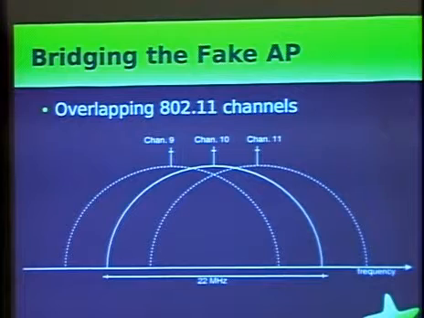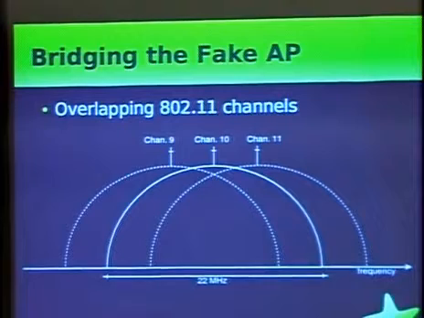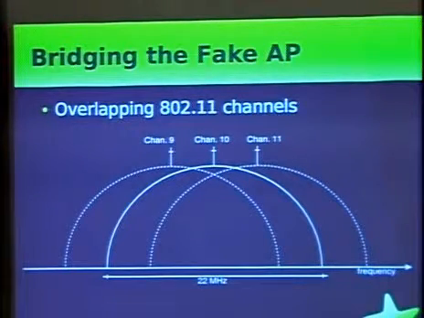But the tale of 802.11 channels is that they overlap. And so you can be presenting a stronger signal to the client on a different channel. And clients and drivers actually tend to throw out stuff that you hear on a different channel after you've decided which channel you're associated on. And so what we're going to do is choose a neighboring channel to broadcast our signal.